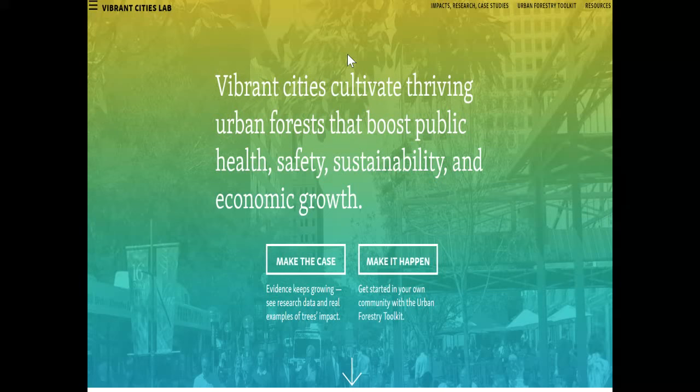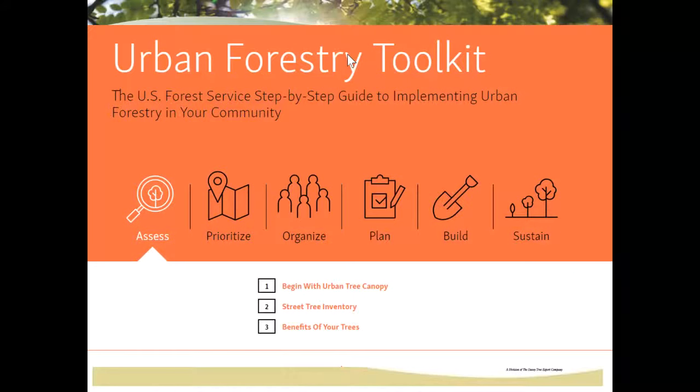It's a website, and it has a lot of great information on case studies. It takes that step-by-step guide approach and works it through. So it has all the steps built in. On the assess component, it tells you where to start, and then prioritize, organize, plan, build, sustain.